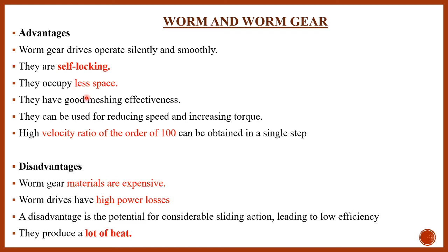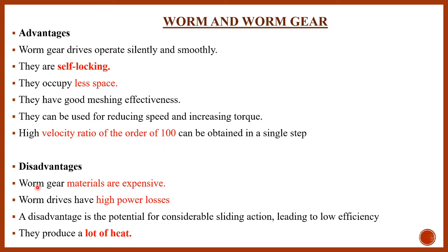Again, they are very compact and have good meshing effectiveness. They are used for reducing the speed and increasing the torque. Near about here I mentioned 100, but we can obtain a velocity ratio reduction of 300 to 1.